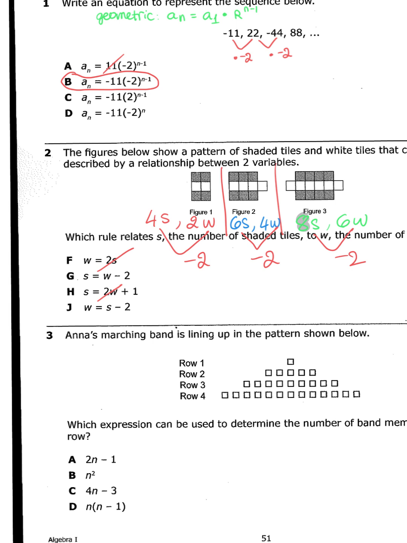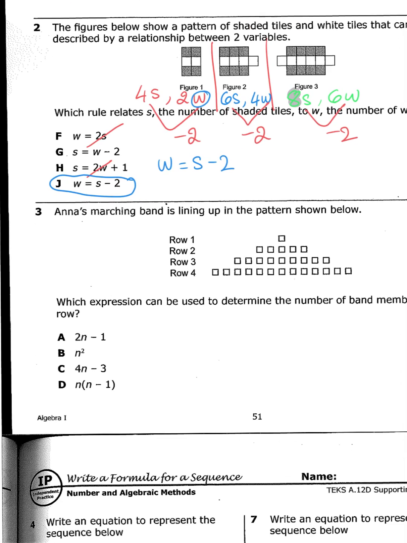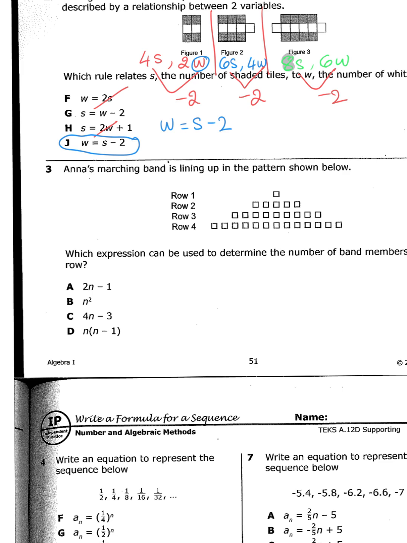To find W, we take the shaded and take away 2. So we got J, right? For the second figure, you take 6 shaded and -2, you get 4 white, right? So J is correct.